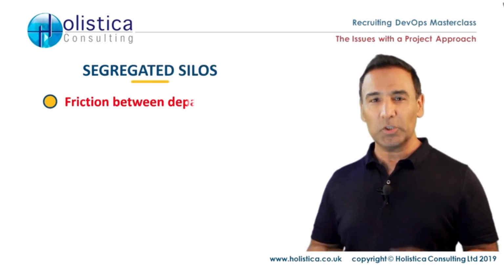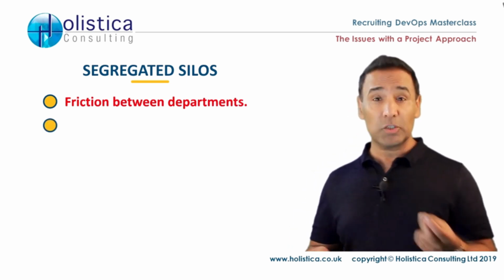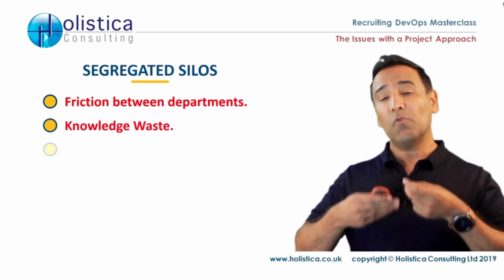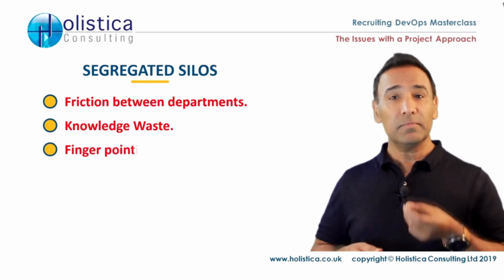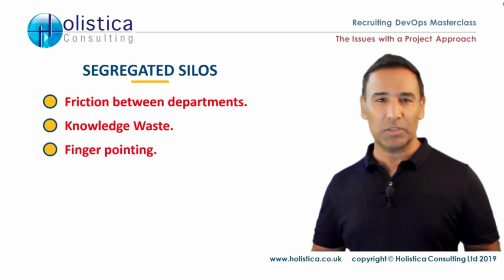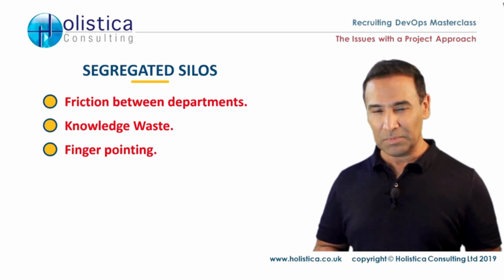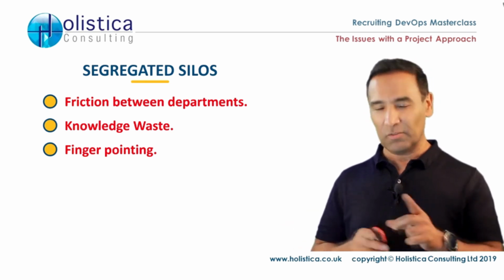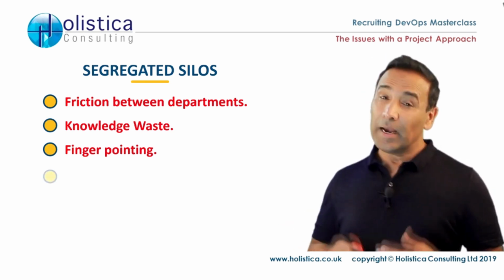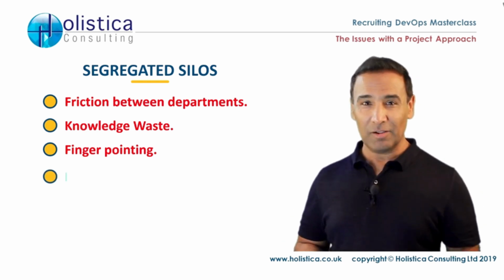Conversely, this project environment has historically created an environment for friction, finger pointing, and even animosity between the ops and development teams, each blaming the other for the flaws of the system. And of course, this is where Agile came in.